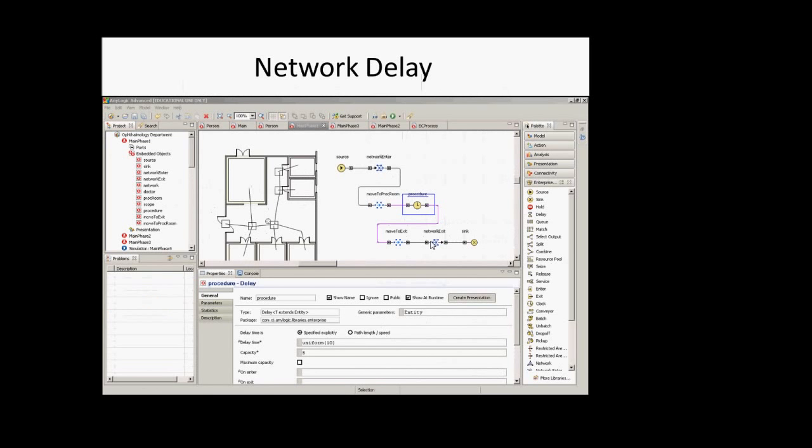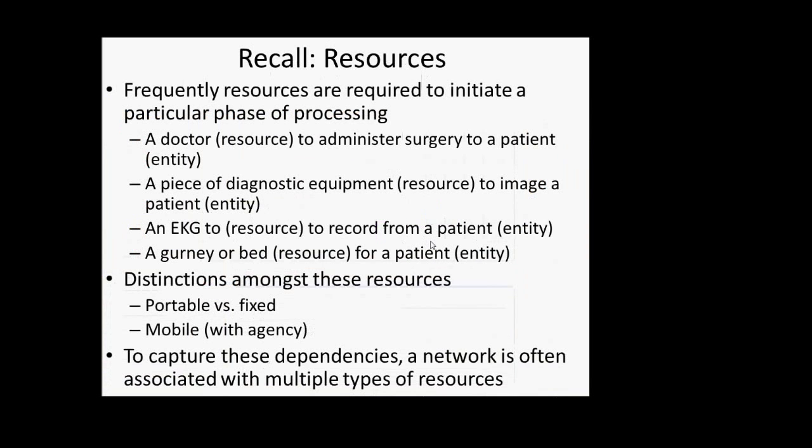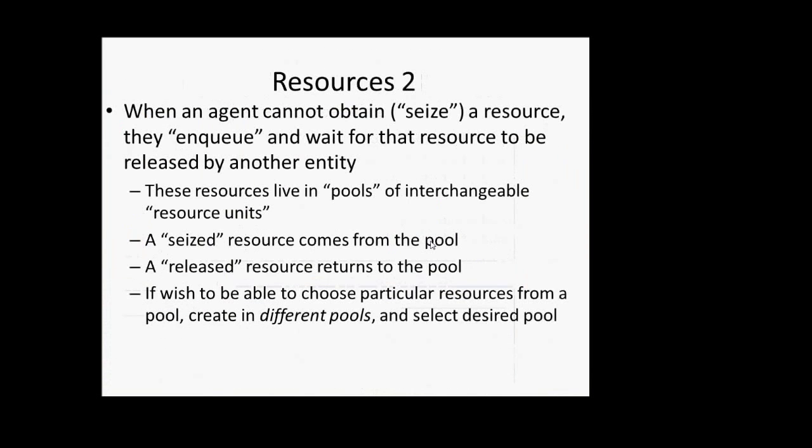Let's talk about resources. We talked about these types of resources. An agent will try to obtain a resource, and we use the term seize a resource. If they can't, they're in queue, waiting. These resources live in pools of interchangeable resource units. A seized resource comes from the pool, and a released resource returns to the pool.